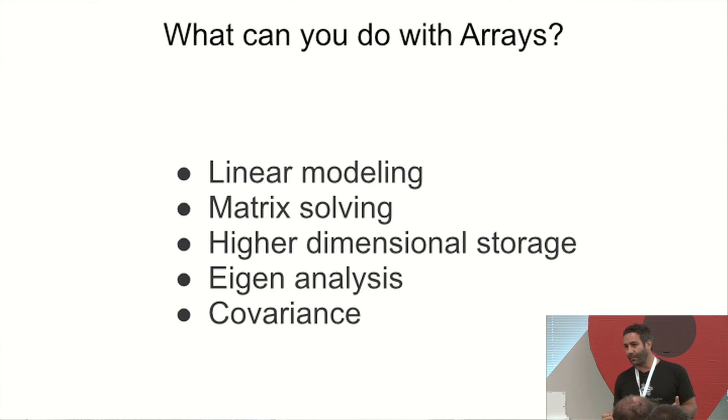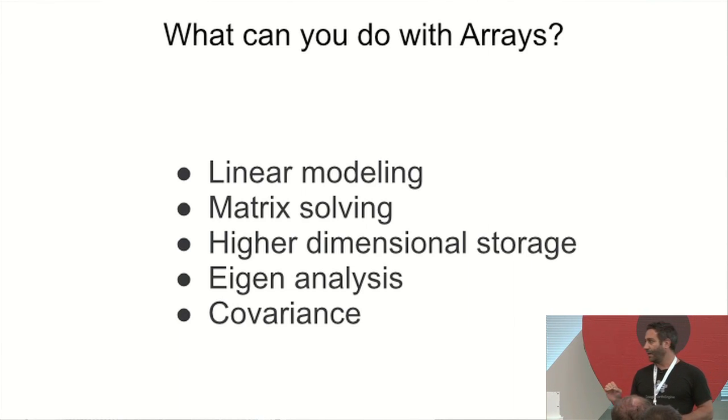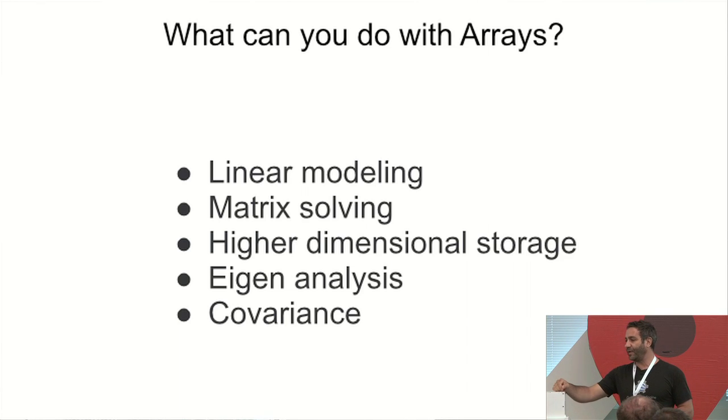Eigenanalysis, which in remote sensing we generally call PCA, or principal components analysis, and covariance. Covariance over time and covariance over space between bands, say. All that said, the array API is not like MATLAB or R.